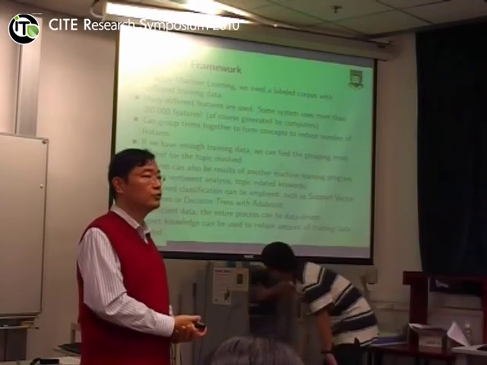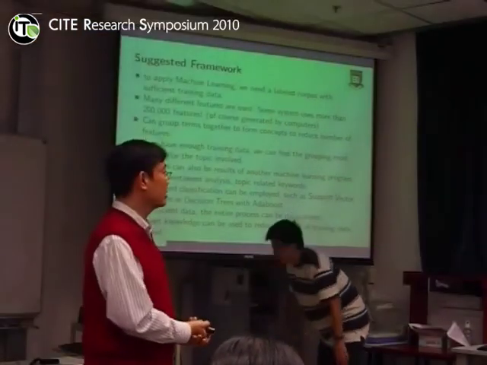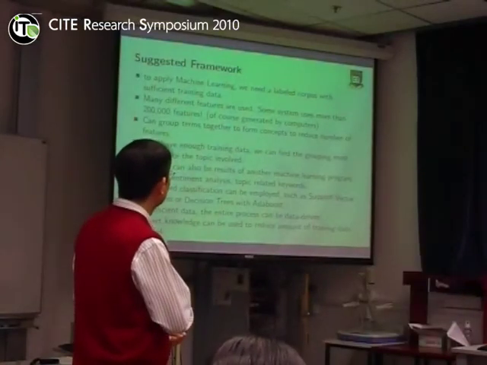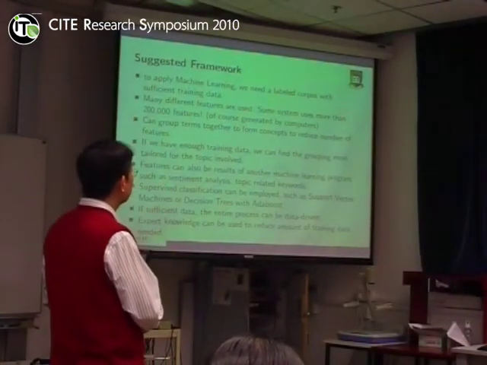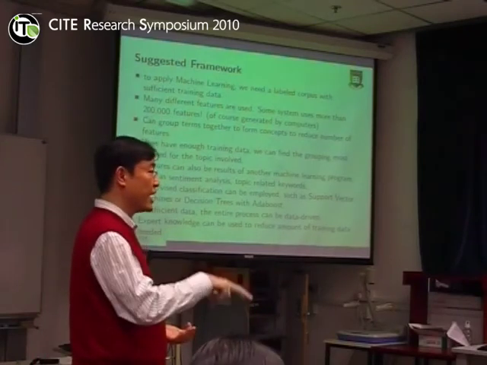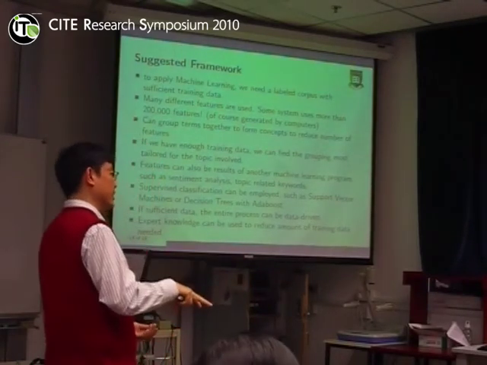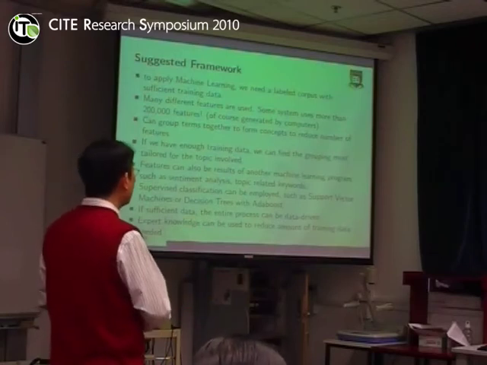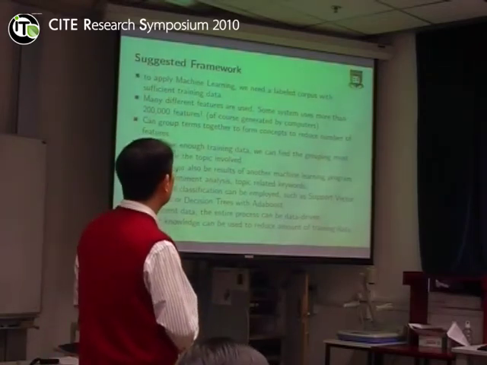The more features you use, the longer the computer needs to run. So if we have enough training data, we can find the grouping most tailored for the topic involved. By mining the knowledge on this topic, we can use the most relevant features to do the classification.